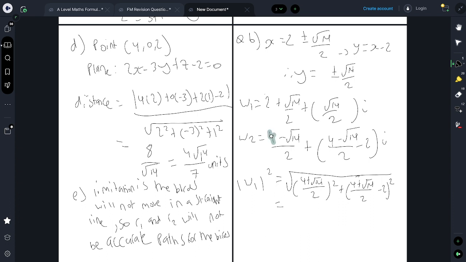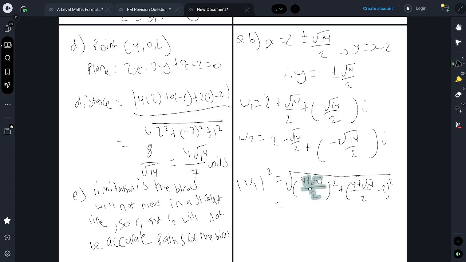And then w2 would be taking the negative version. 2 minus root 14 over 2, and then y would be minus root 14 over 2. So all I'm doing here to clarify is to simplify this. It's the right answer. It's just the calculator needs to simplify it a little bit because it's a bit too complex for the calculator to work out to give an exact answer.